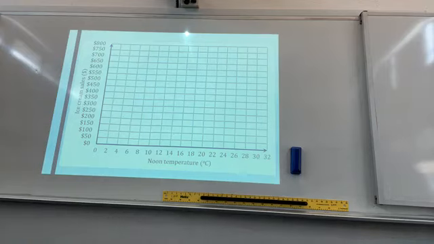One of the pieces of advice that my old high school teacher gave me is that when plotting a scatter graph, it's always good to have a transparent ruler.